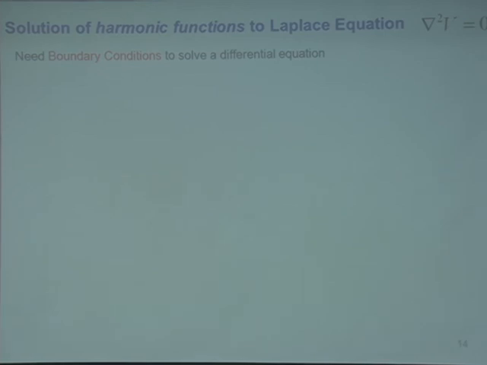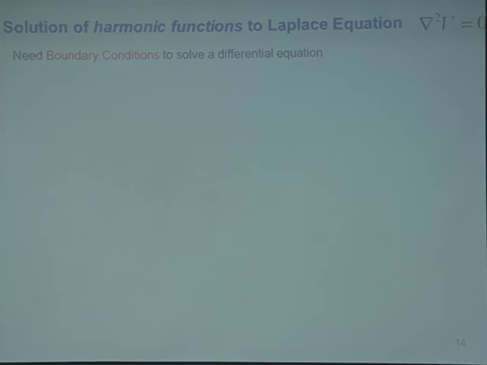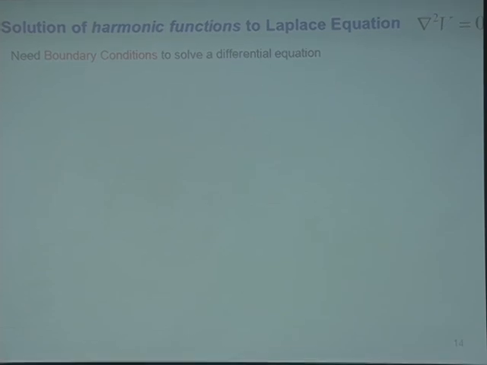Okay. 我们来看一下这怎么解。Well, for this Laplace equation, if you just look at it as a mathematical expression, basically, it's just a partial differential equation.